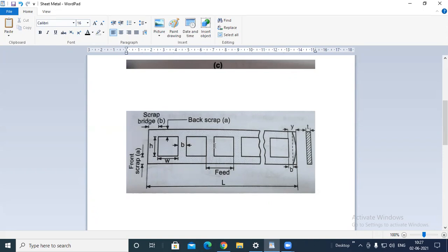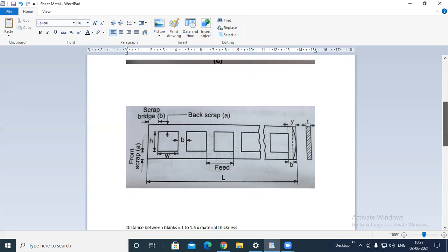Whatever we are going to see are the standard formulas. These are the thumb rules.